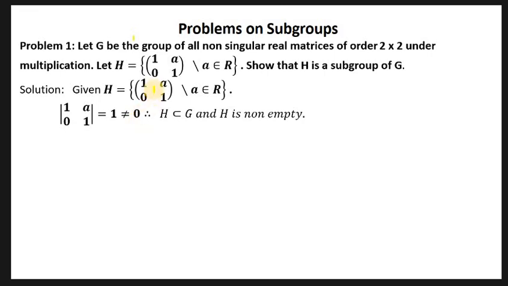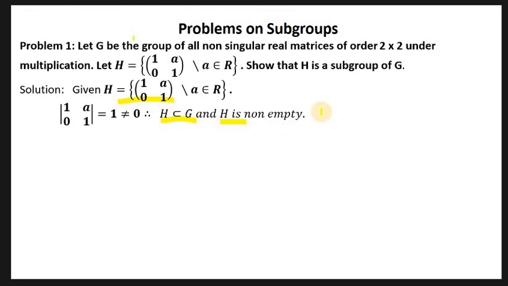Therefore, the given matrix is a non-singular matrix. It belongs to H and also it belongs to G. Therefore, H is a subset of G and H is non-empty. At least one matrix is present in this set.